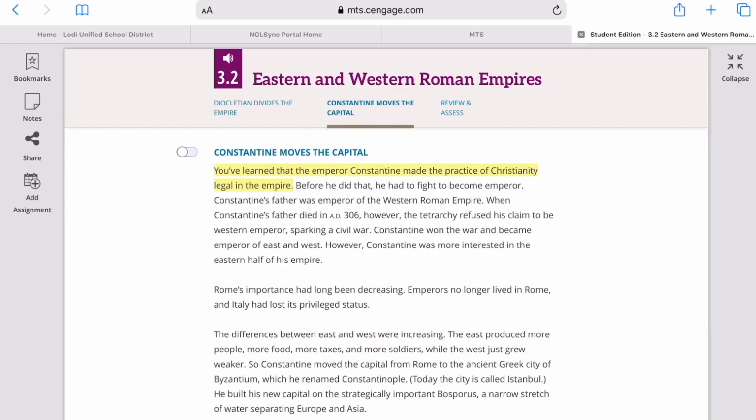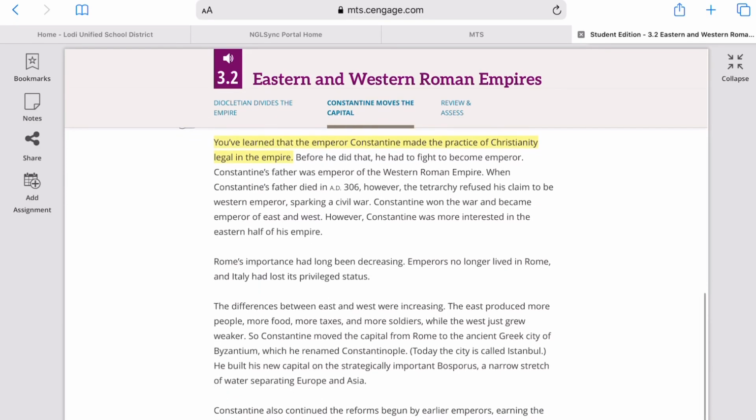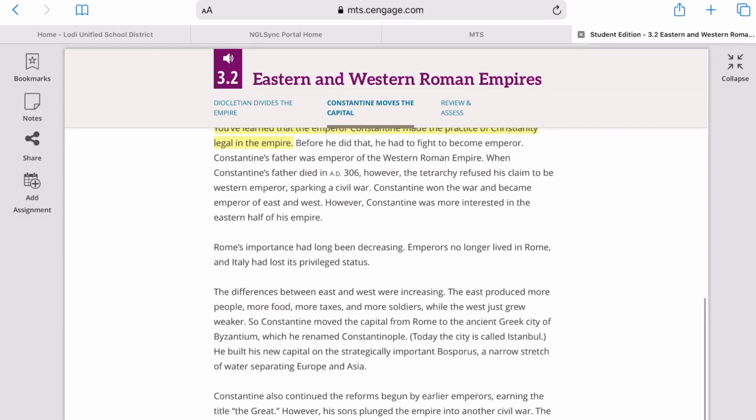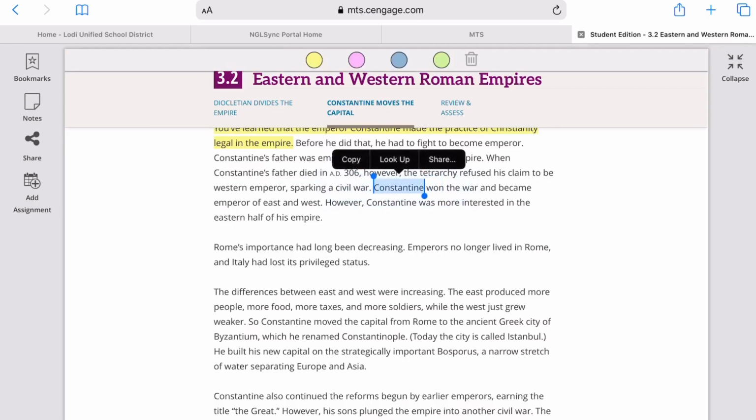Because of this, he moved the capital city of the empire from Rome to Constantinople, which is obviously named after him. He continued the reforms begun by earlier emperors, and he was successful. Because of this, he was called Constantine the Great.